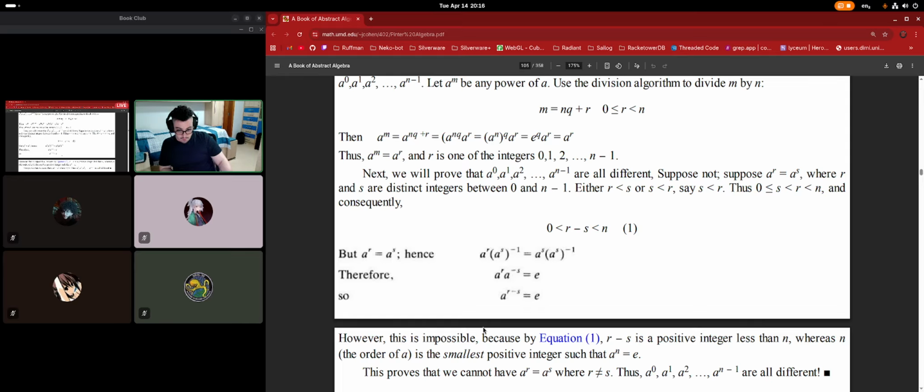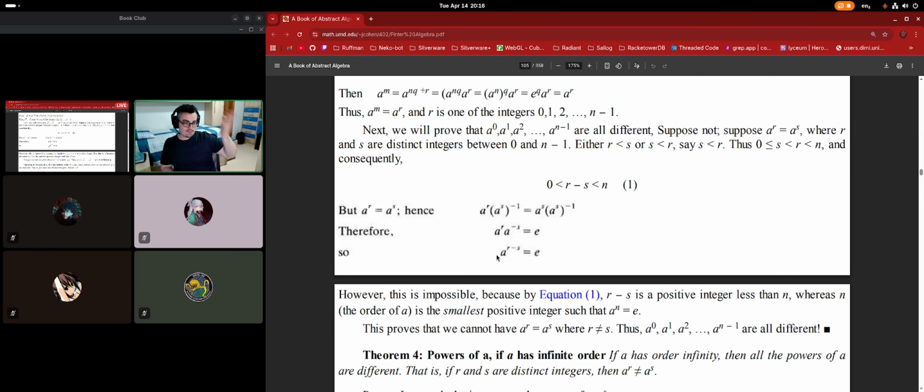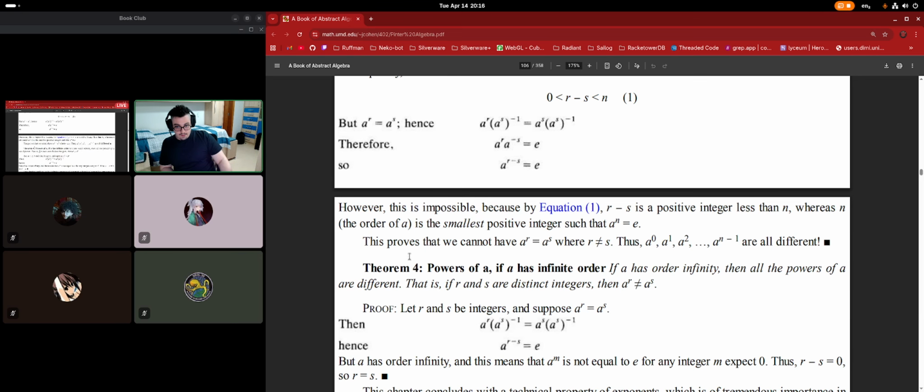But this should be impossible, right? Because by equation 1, we know that r minus s is a positive integer less than n, where n, which is the order, is the smallest positive integer such that this is true. So this cannot be, and hence we proved that they must be different. This proves that we cannot have that where these are different, right?